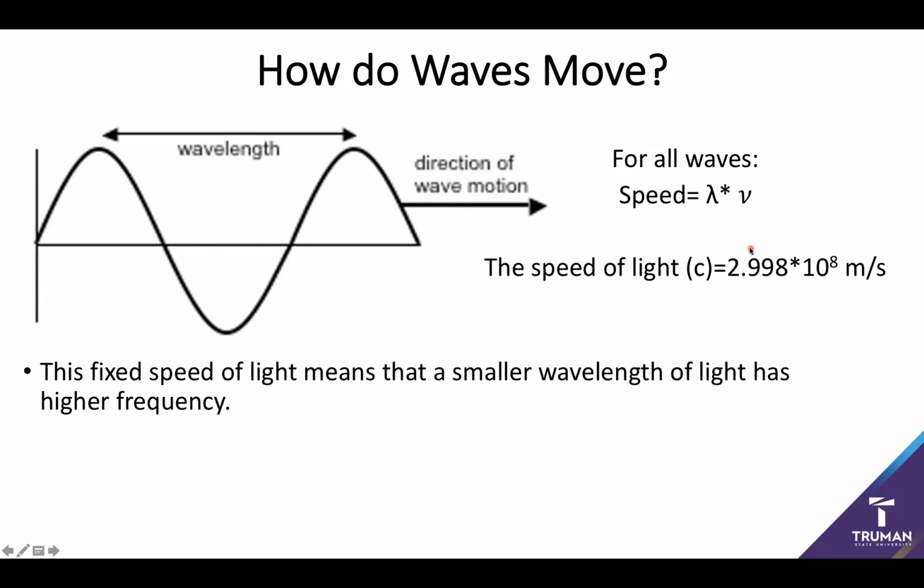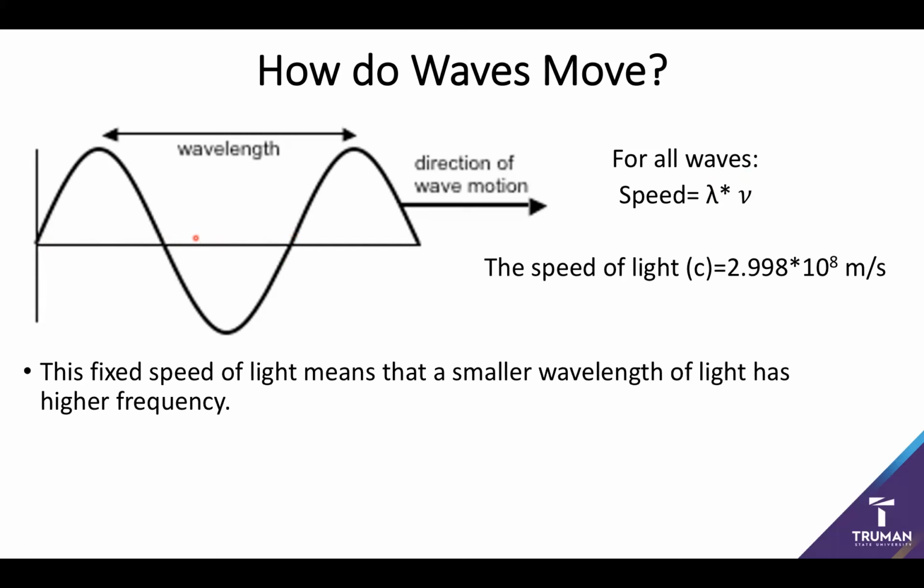What this means is that as the wavelength of light gets smaller, the frequency gets faster. This makes sense because as the wavelength becomes lower and lower, the photon doesn't have to travel as far to have a repeating pattern, which means it will pass your measuring device at a much quicker rate.